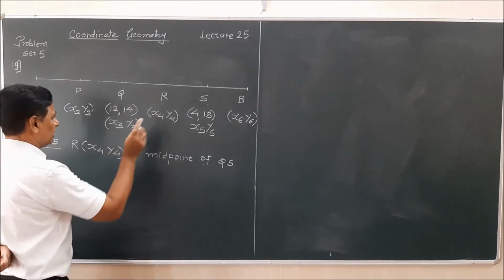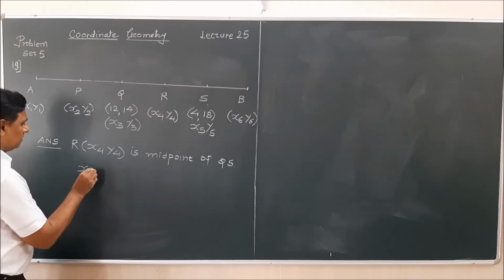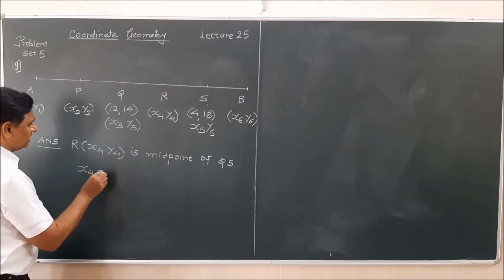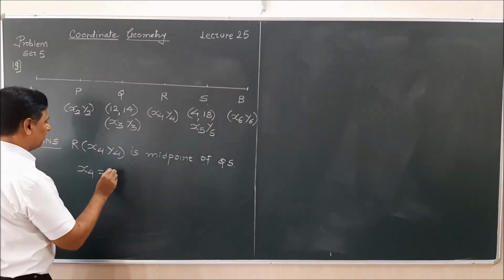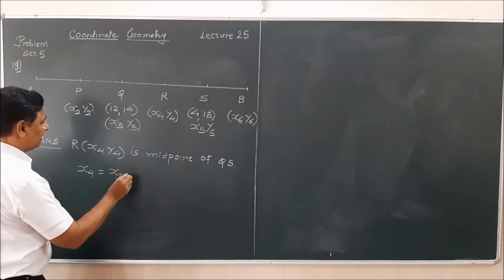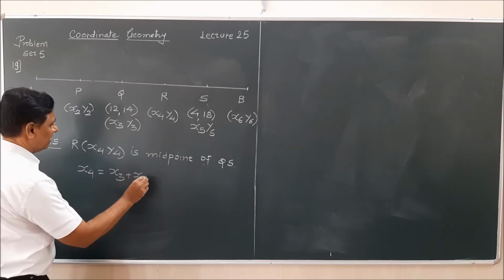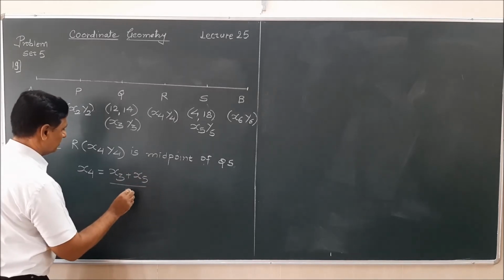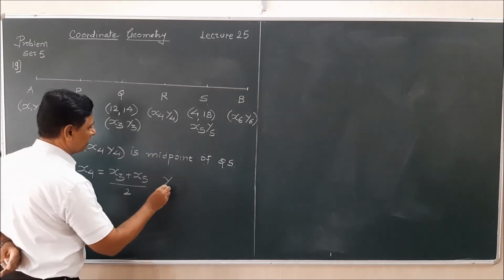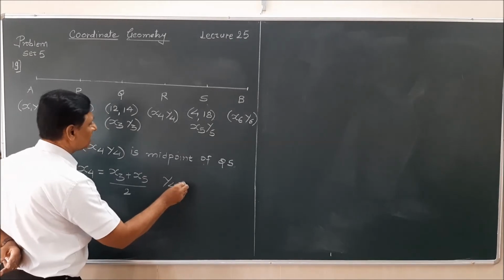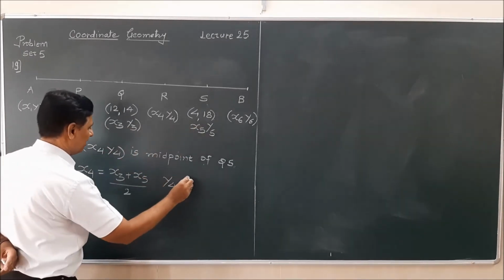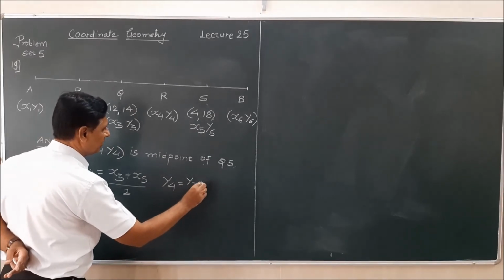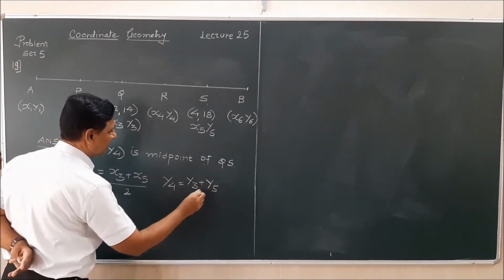So x4 is equal to x3 plus x5 upon 2, while y4 is equal to y3 plus y5 upon 2.